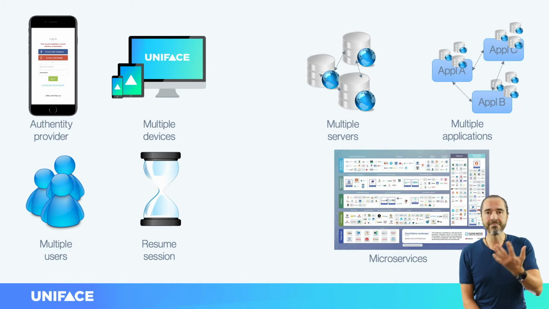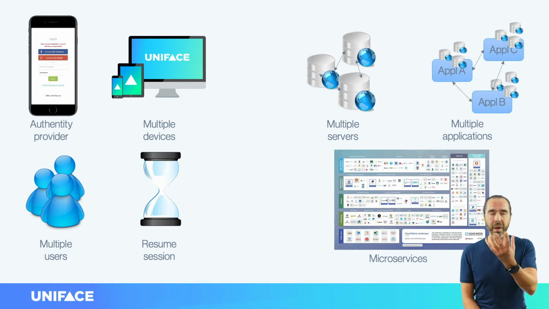And in the future you will have microservices. Applications consist of smaller parts of other applications glued together, like the identity provider in the top left. It is an example of a microservice.